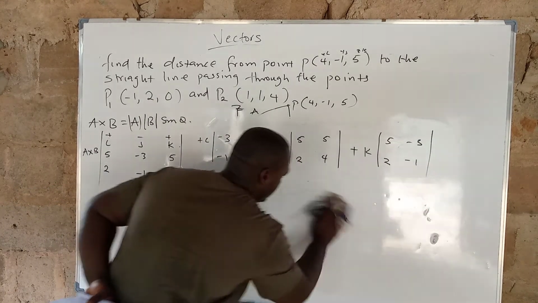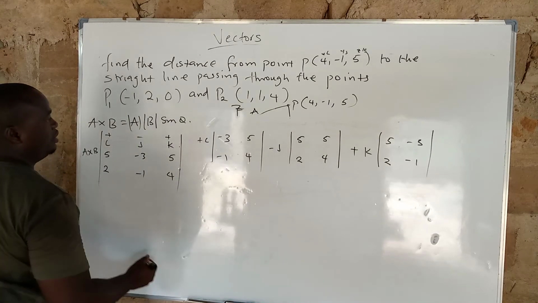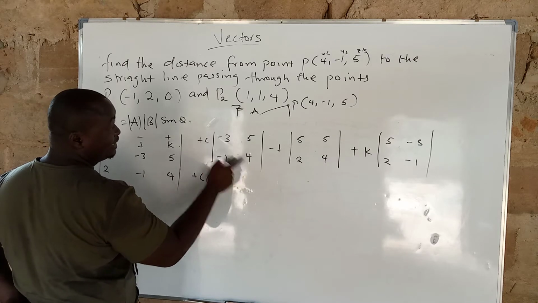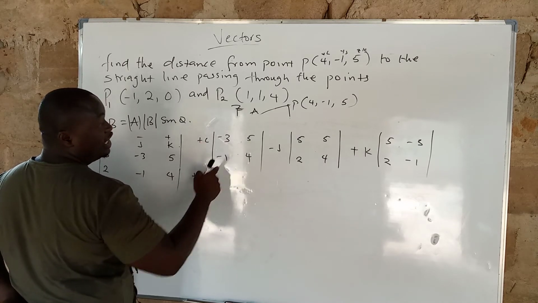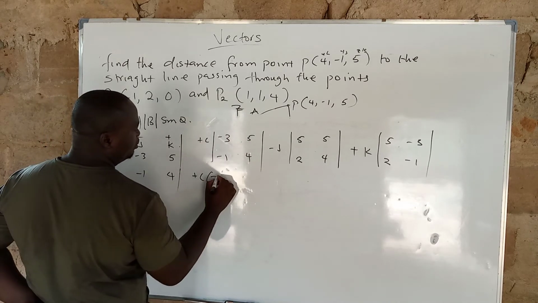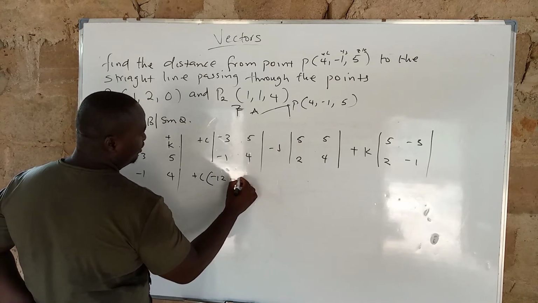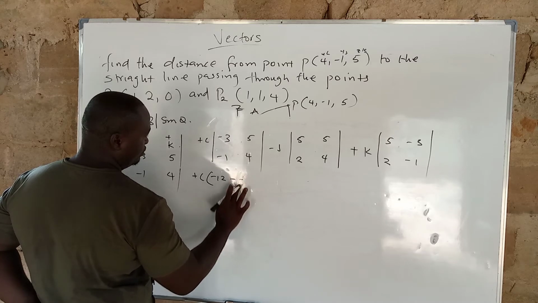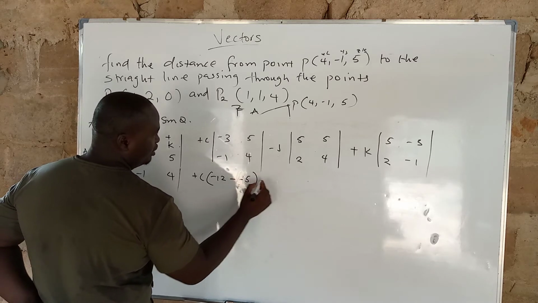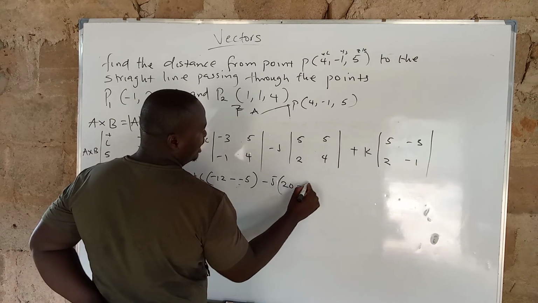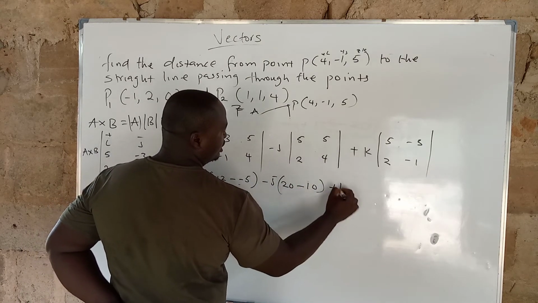And so, remember, this is plus i, bracket, this times this, you have to times this to this, then you put minus. This times this will give you minus 12, minus this times this will give you minus 5. Minus j, this times this will give you 20, minus 10, plus k.